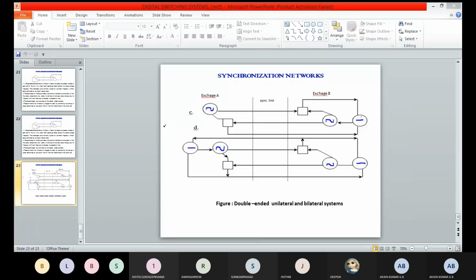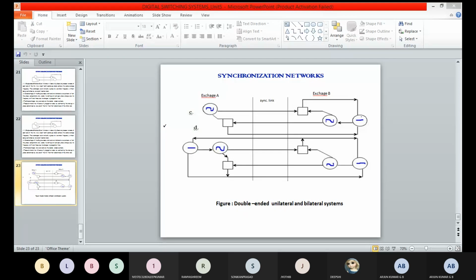In a mesh of such synchronizing nodes, the exchanges would mutually agree on a common frequency without being controlled by an overall master clock. Then we were discussing the disadvantages in the previous cases. One is that we need some phase comparator, and these phase comparators are unable to find the exact phase difference between the two local exchanges, and it also takes some delay.